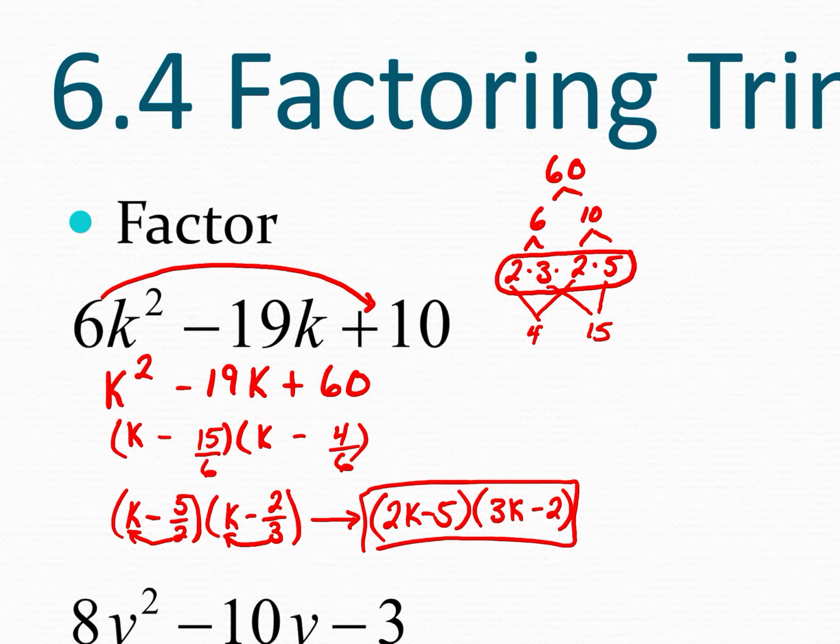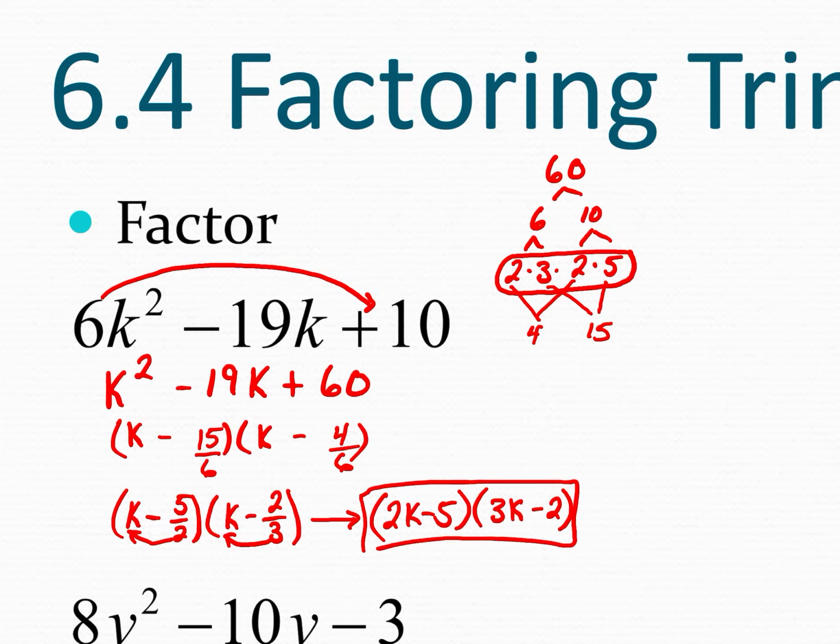Now, the problem that I see people make a lot of times here is they get started and say, oh, I know it's got to be 2k and 3k, and it's got to be 5 and 2, and they end up doing a guess and check, and they end up having the 5 and 3k grouped together and the 2k and the negative 2, and that's not going to work.